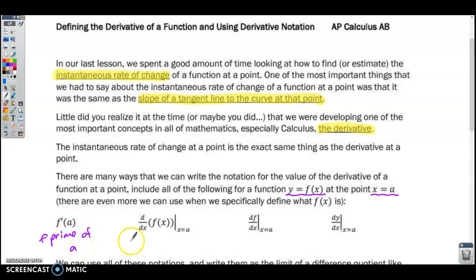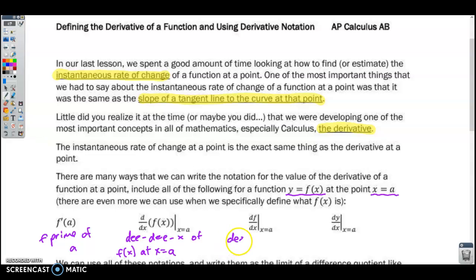Or we've got d/dx of f of x at x equals a. That's what this little vertical bar with the x equals a there stands for. It stands for you're evaluating the function at x equals a.